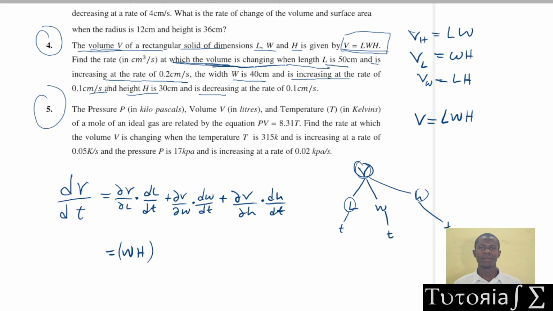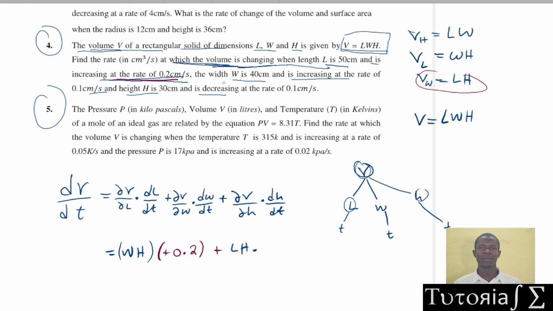Increasing, we say positive. L is increasing at a rate of 0.2, so that is positive 0.2. Decreasing is negative. So we say plus V with respect to W, that is LH, times W with respect to T.